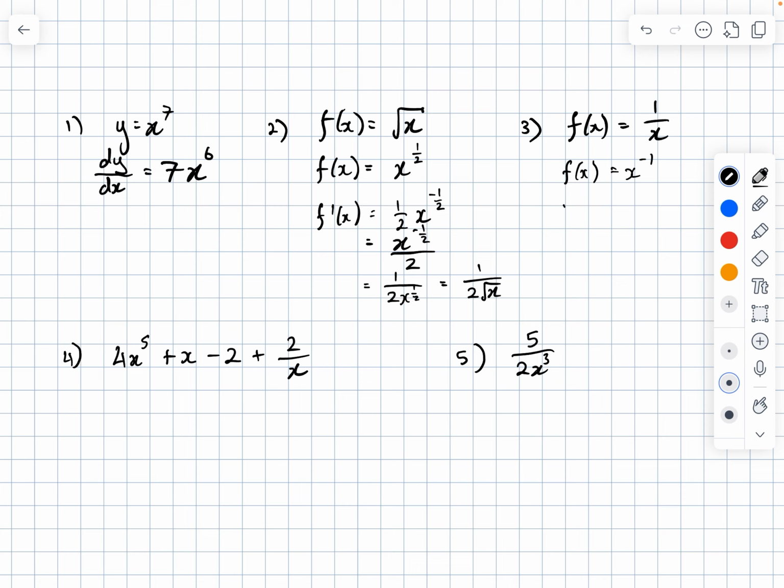So whenever you have a power and you bring it between the top and the bottom of the fraction, just like in the previous question, you change the sign of the power. Then we can differentiate: f'(x) equals, bring the negative in front, so it's -x to the power of -1 reduced by 1, which is -2, which we could rewrite as -1/x^2.